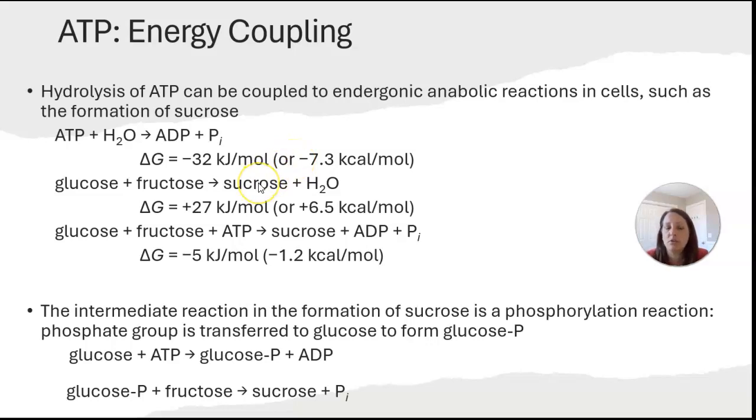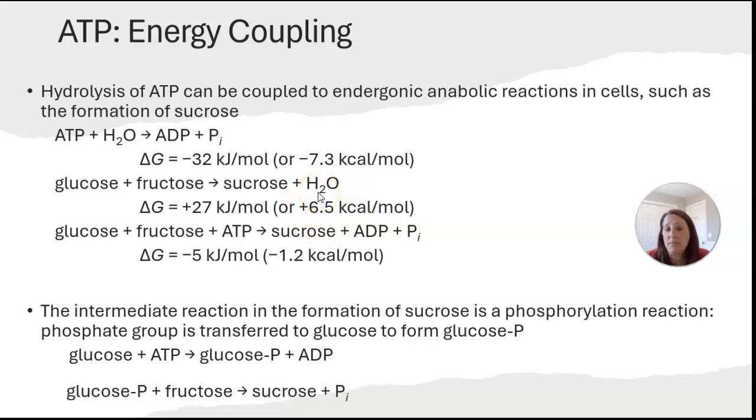Forming sucrose, we have the 2 monosaccharides, glucose and fructose. They get put together to form sucrose, and water is released. This process is anabolic, it's endergonic. So the change in free energy, the amount of energy needed to drive this process, is positive 6.5 kilocalories per mole.